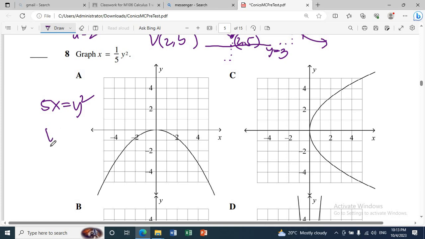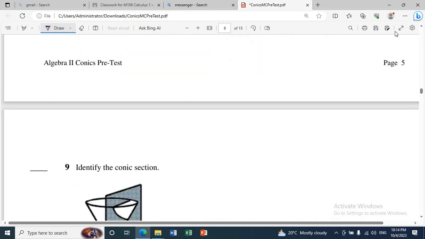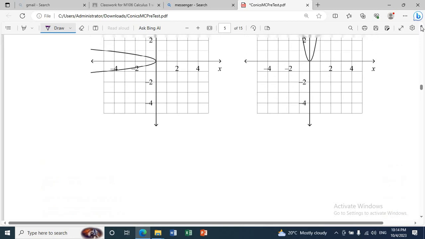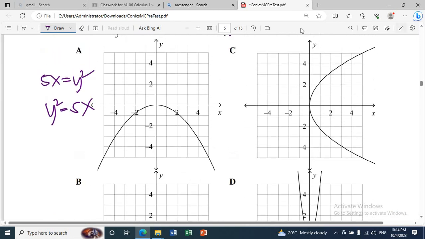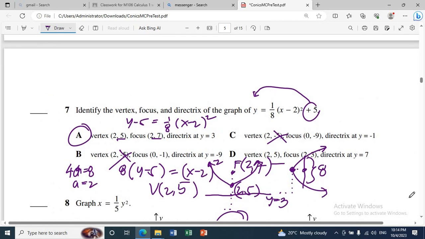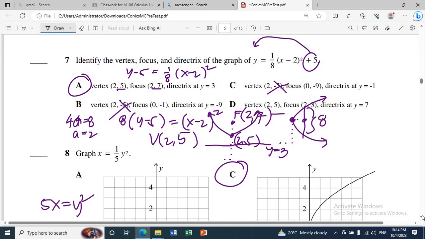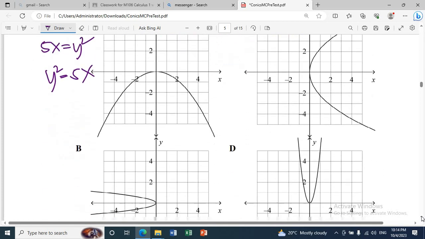If you check your notes, this is opening right, so that the only opening right is letter C and nothing else. Okay, letter C, that's number 8. Next, we go to number 9.